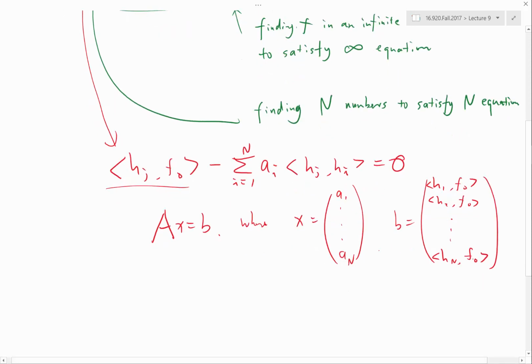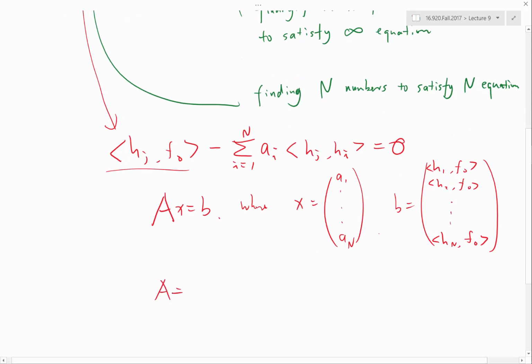Now what is my A? My A is an n by n matrix comprised of these pairwise inner products of the basis functions. Right, so the first element would be <h_1, h_1>, and the last one in that row would be <h_1, h_n>. And interestingly, this is <h_n, h_1>. This is also a symmetric matrix, right, ending with <h_n, h_n>.